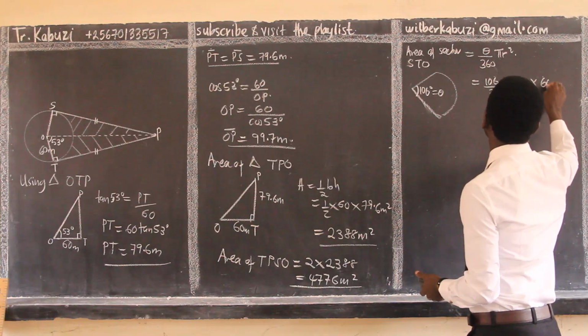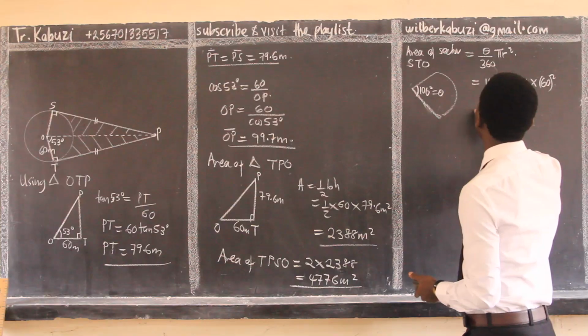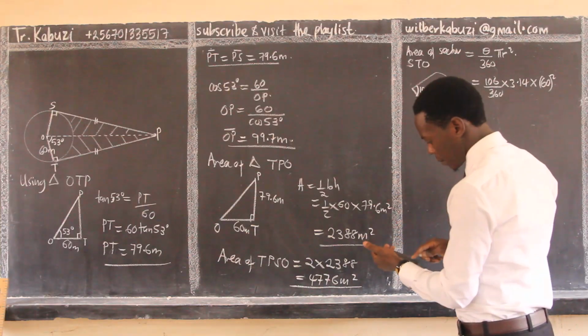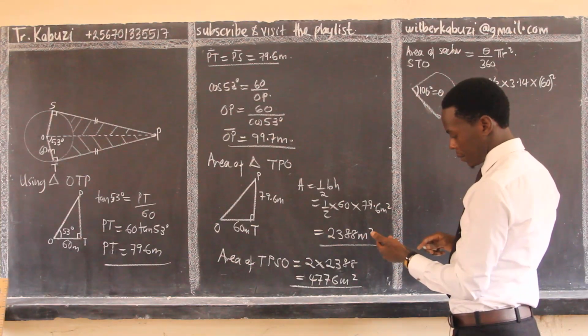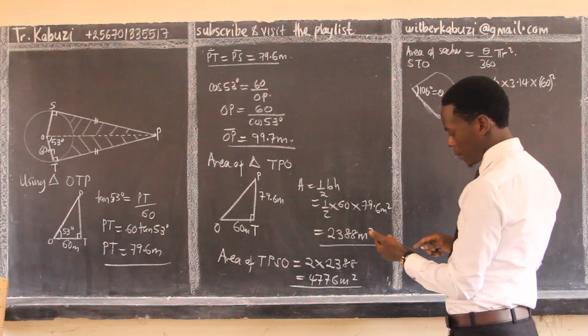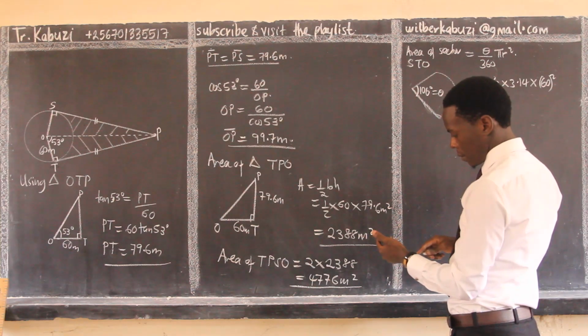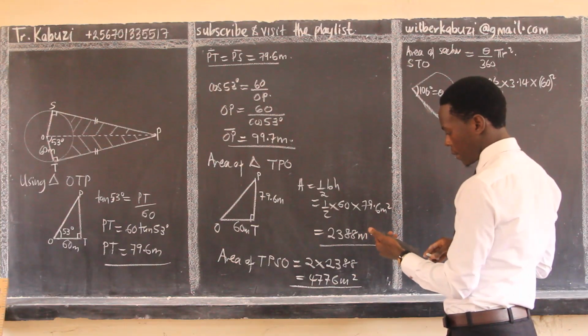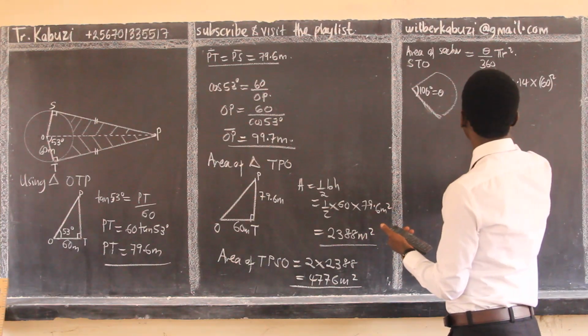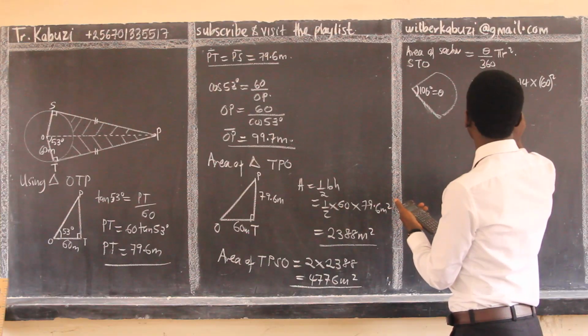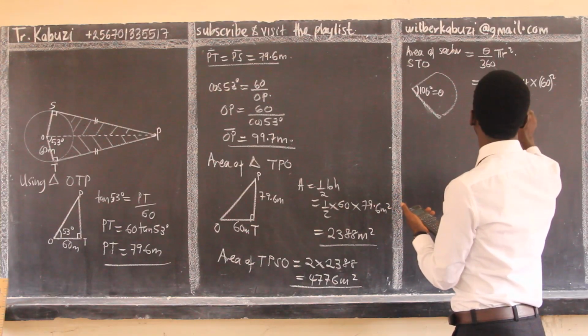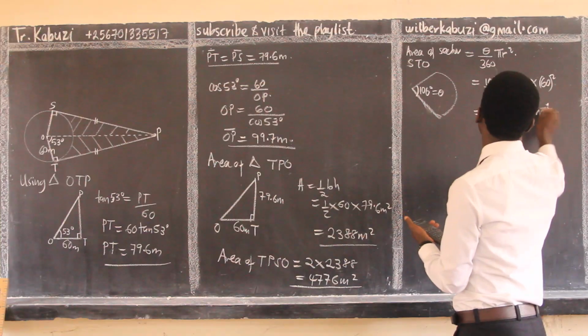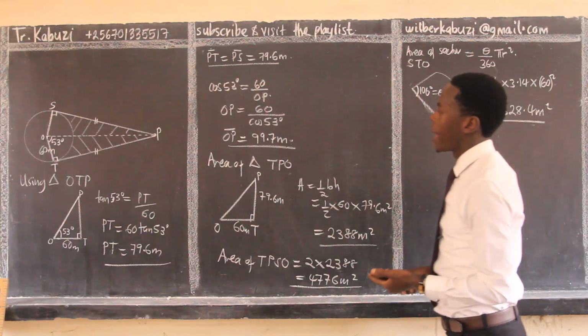Our radius 60 squared, which will be 3,308.4 meters squared. So that's the area of our sector there.